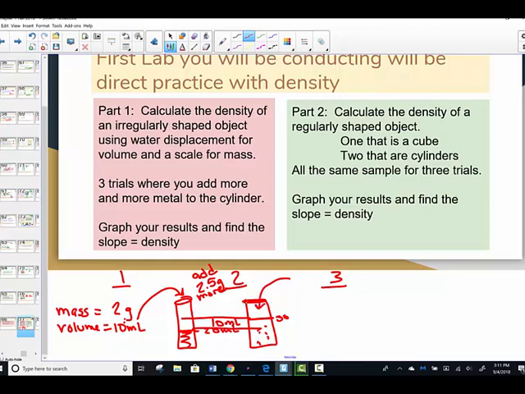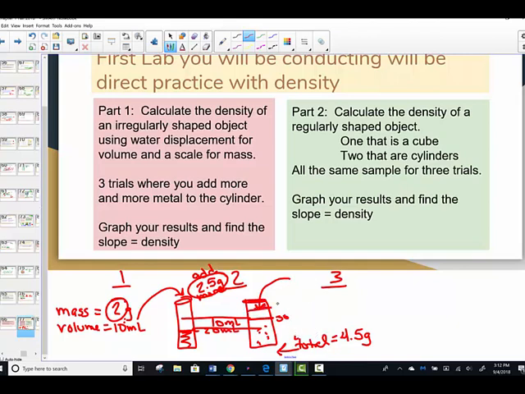That's your second trial. So what's the total mass in there now? Well, you started with 2. You added 2.5 more. So the total mass is now 4.5 grams for trial 2. Let's say now, after I added the 2.5 grams, it went up again. The water level was at 30.